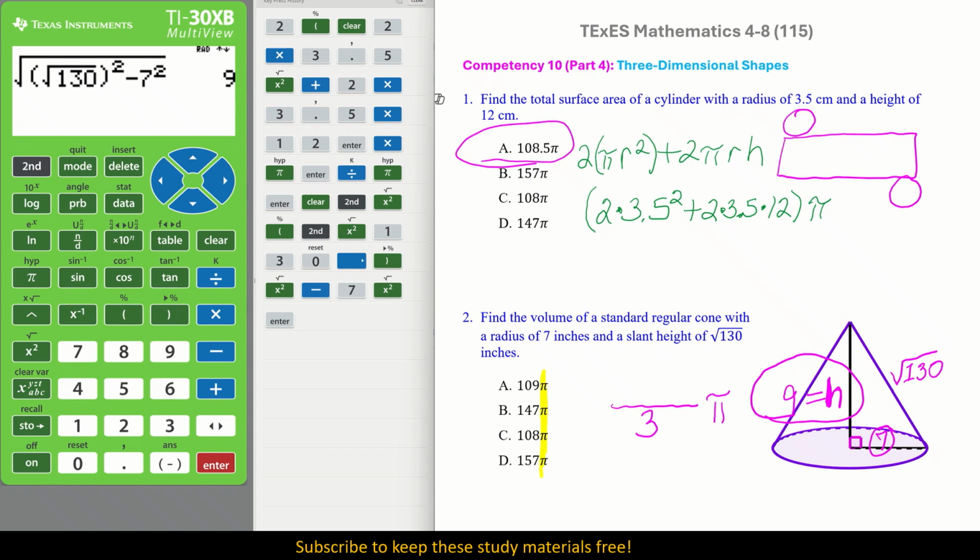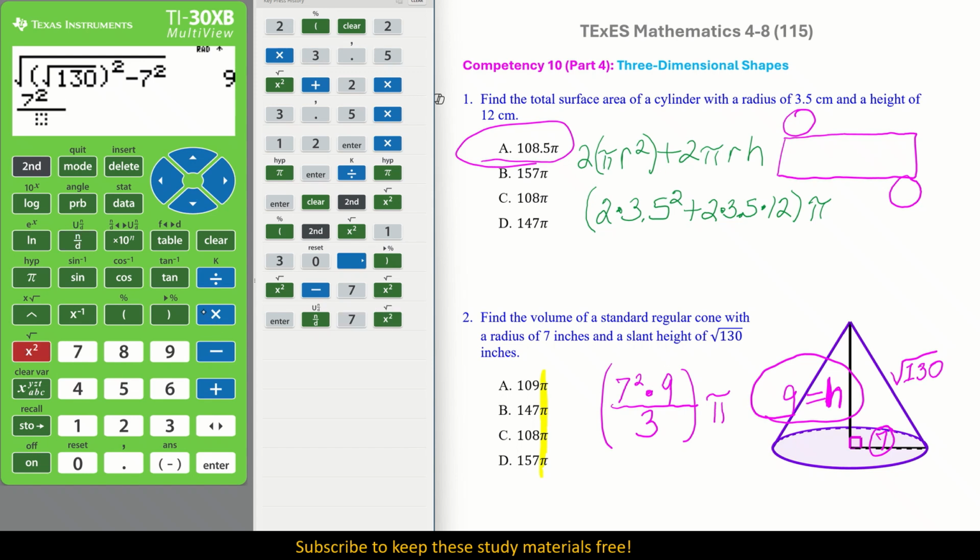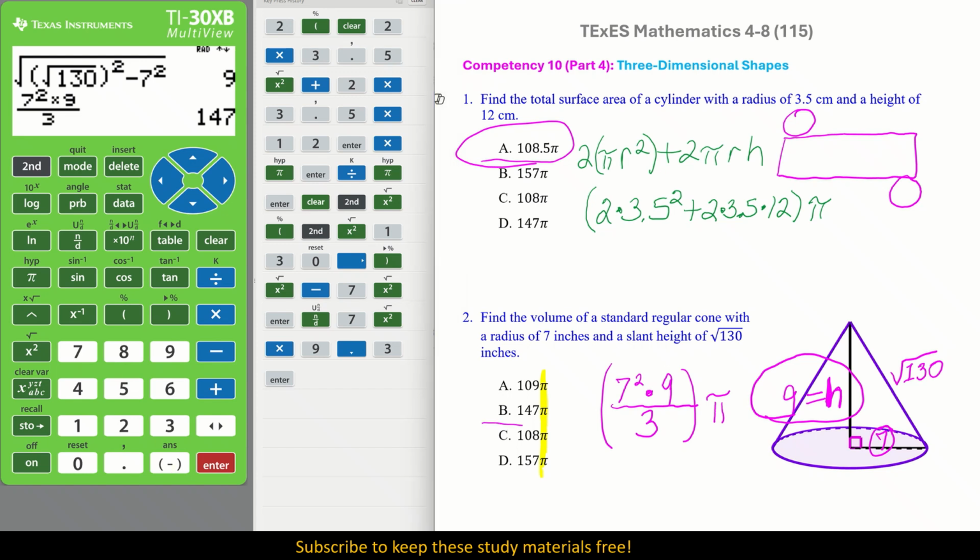Then my radius squared times my height of 9. What am I putting in the calculator? What I have in parentheses: fraction, 7 squared times 9, go down, divide by 3, and there we go, 147, option B.